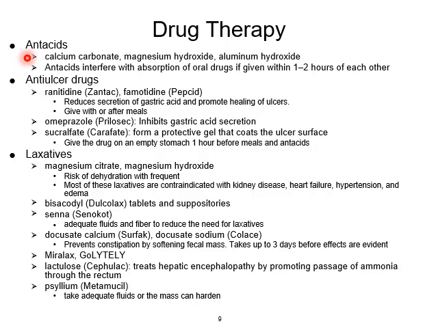But remember that antacid will interfere with absorption of oral drugs if given within 1 to 2 hours of each other. So when we are going to give antacid to the patients, we want to make sure that it's given at least 1 to 2 hours apart from other medications, because it may interfere with the absorption of the oral drugs.